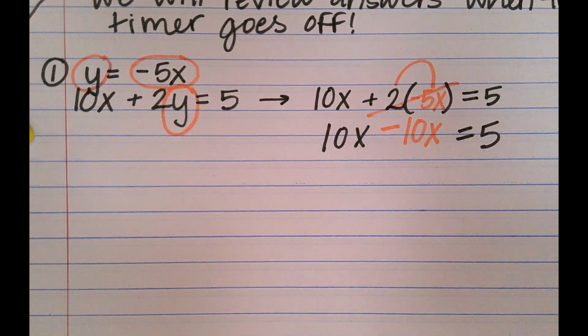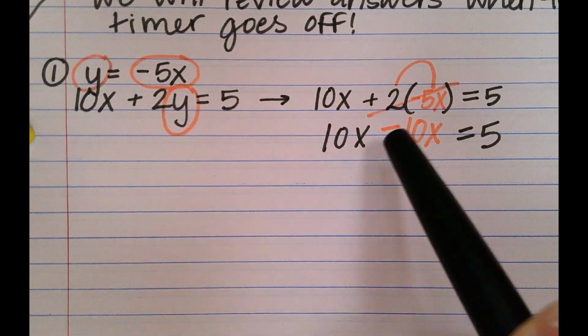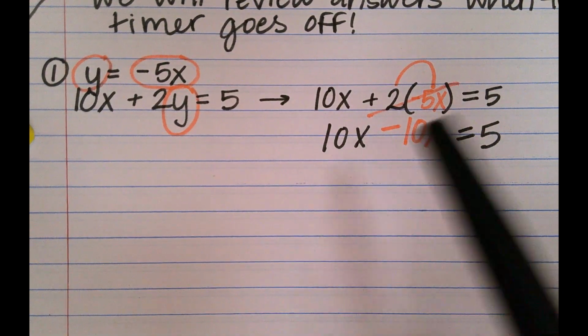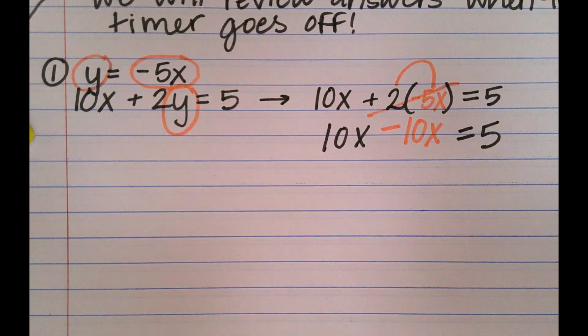If this was 10x minus 9x, if I start with 10 x's and take 9 of them away, I have 1x left. But if I start with 10 x's and take away all 10 x's, I have no x's left, right?